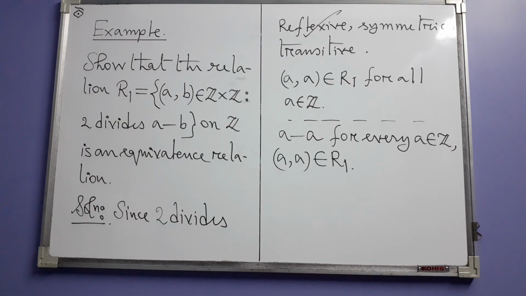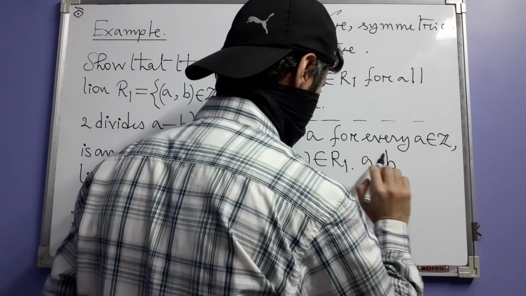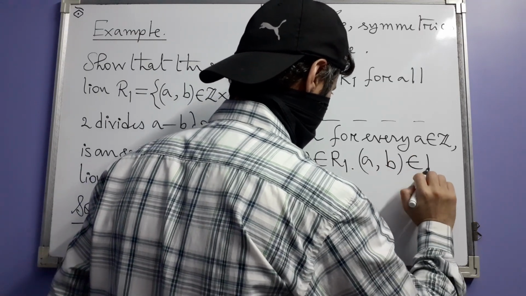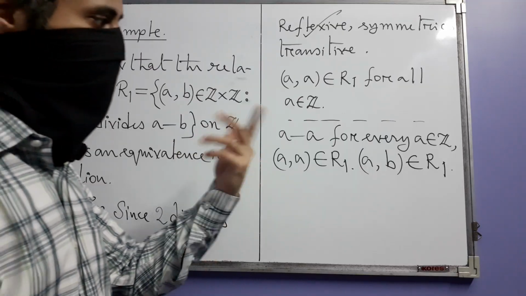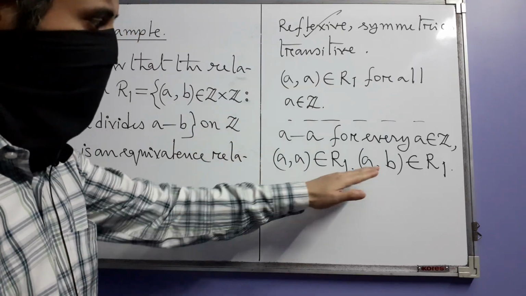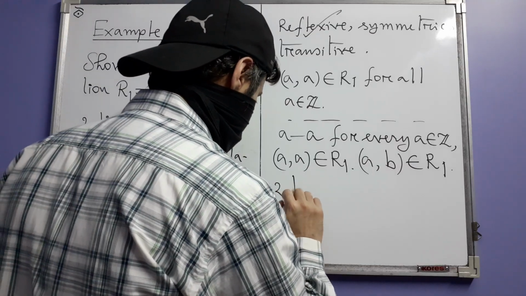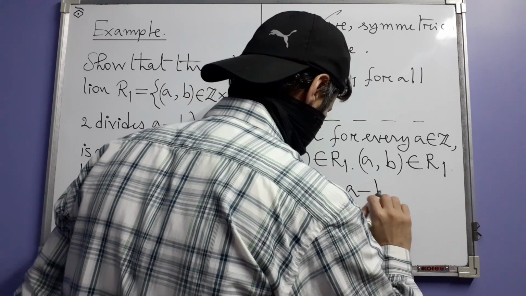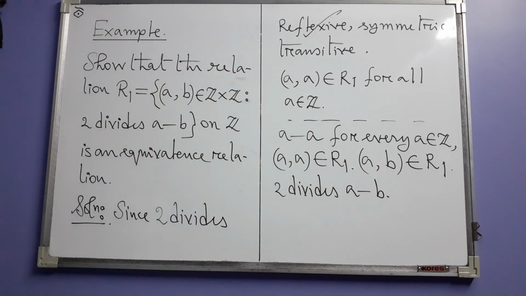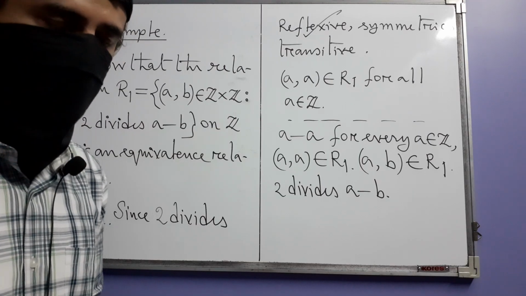What about symmetry? Symmetry means you choose an ordered pair in R1. You then have to prove that (b, a) also belongs to R1. Now what does this mean? It means that 2 divides a minus b. Will 2 then divide b minus a also? Yes.